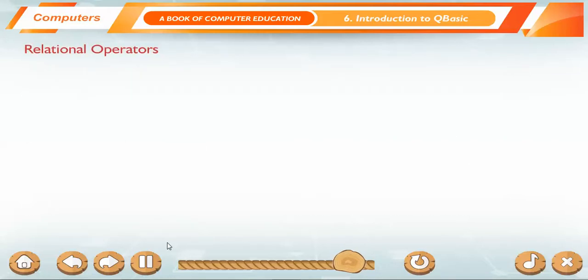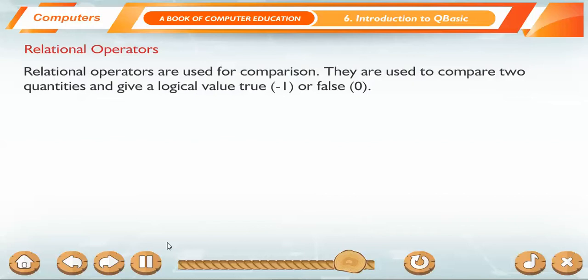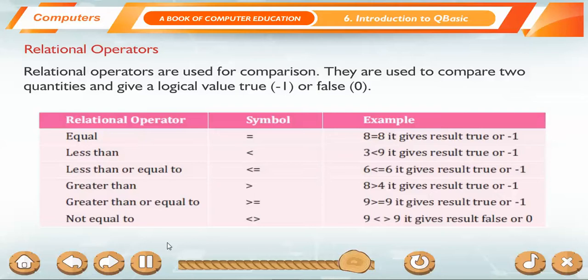Relational operators. Relational operators are used for comparison. They are used to compare two quantities and give a logical value, true (-1) or false (0). Relational operator, symbol, example. Equal: 8 = 8 gives the result true or -1. Less than: 3 < 9 gives the result true or -1.